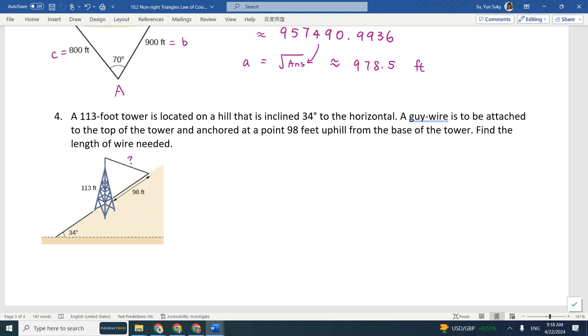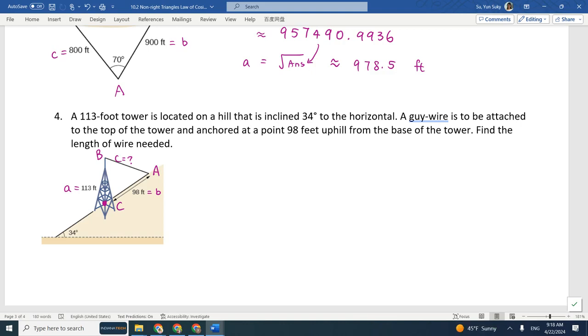Okay, let's draw and label them. Let's call this point C. And let's call this A, and this B. Therefore, this is side A, this is side B, and we are looking for side C. Now we see that this angle is 34 degrees, but this is not one of the angles of the triangle.